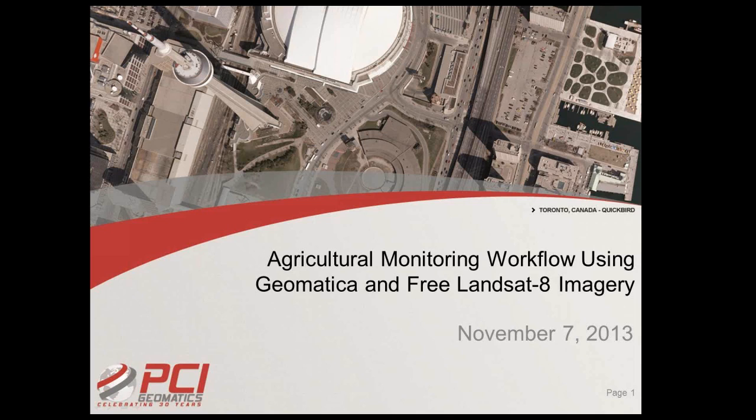So today's presentation, the webinar today, is agricultural monitoring workflow using Geomatica and free Landsat-8 imagery. And what we're going to be showing you today in some software demonstrations is how you can use freely available Landsat-8 imagery as an initial no-cost pass to monitor agricultural crop health.